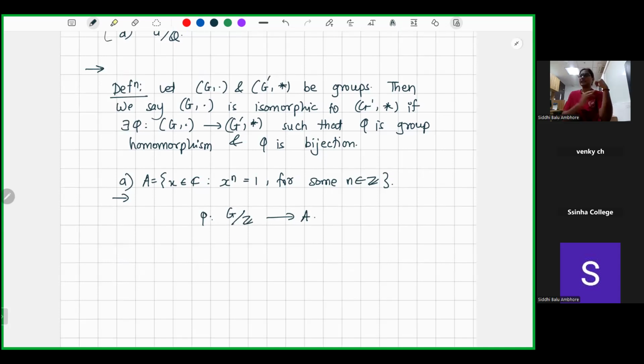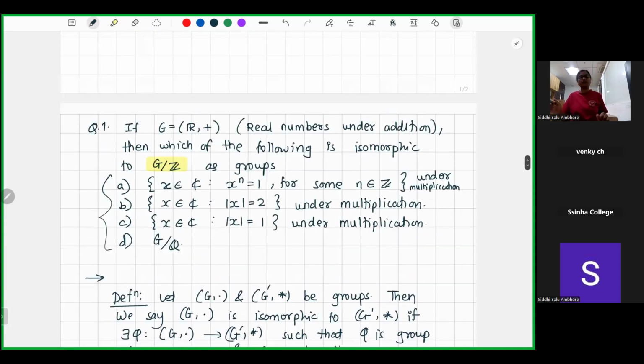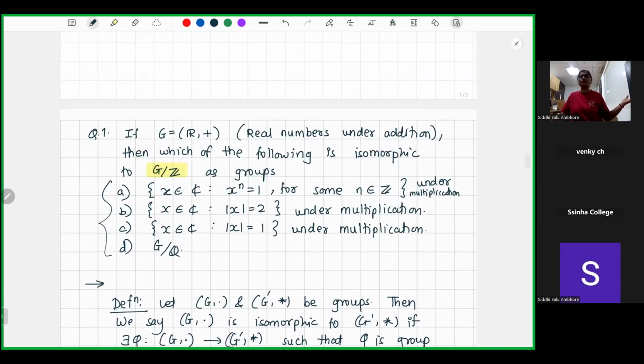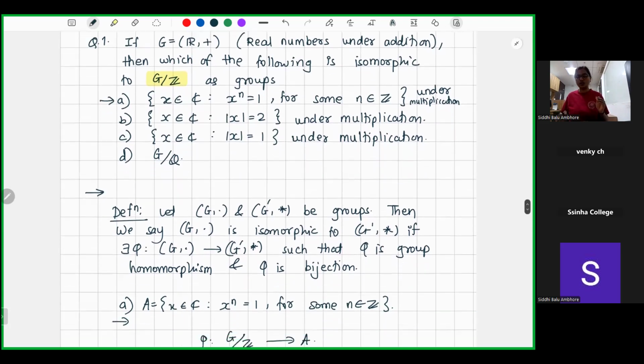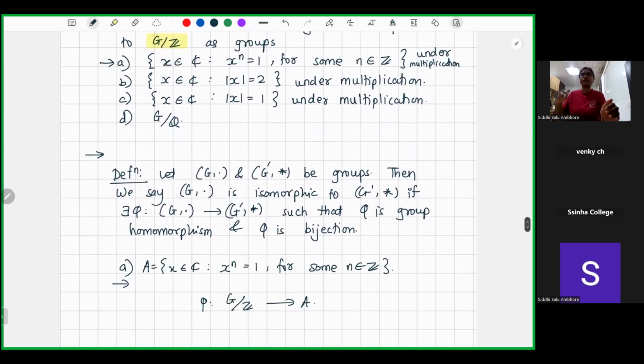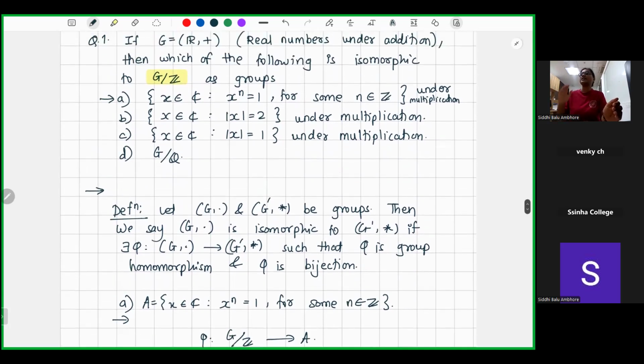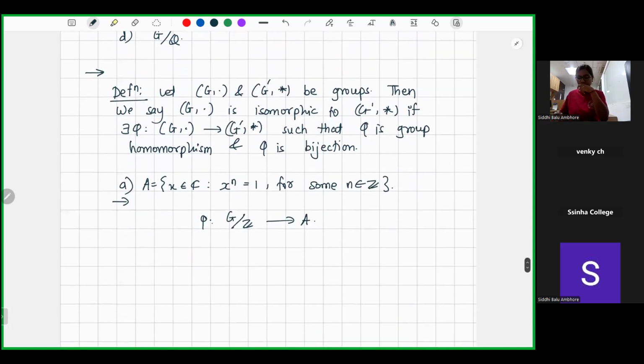First of all, we know that this is a group. We proved this maybe last week or a week before. If you don't know whether this is a group or not, let me tell you that x power n equal to 1 for some n in Z forms a group under multiplication in C. So what is your group homomorphism if this is an isomorphism?